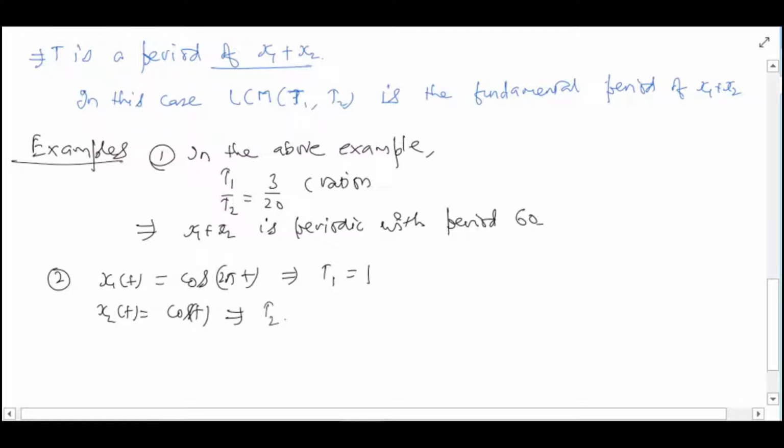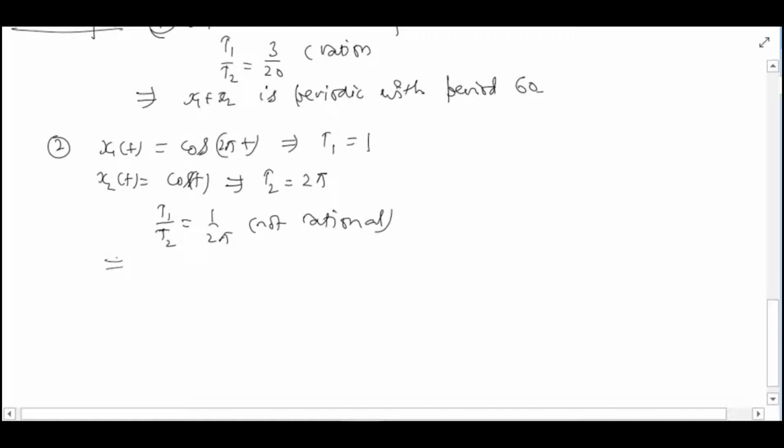What is its fundamental period? Its fundamental period is 2π. T1/T2 is not rational. So this time x1 + x2 is not periodic.